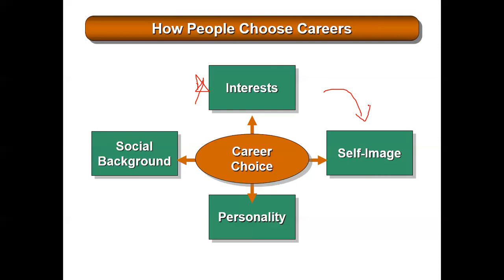In that case, you need to have an alternative, a backup plan. If not plan A, then plan B needs to work out. So when you make a career choice, it is very, very important that your image, your personality, your background, and your interest area are in alignment with everything.